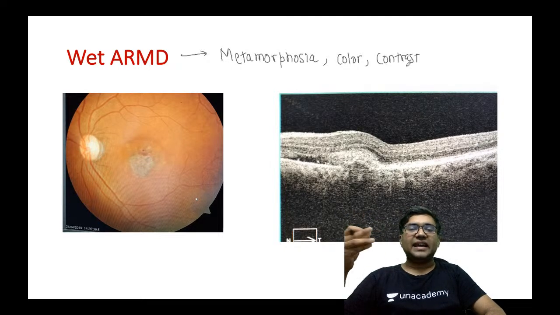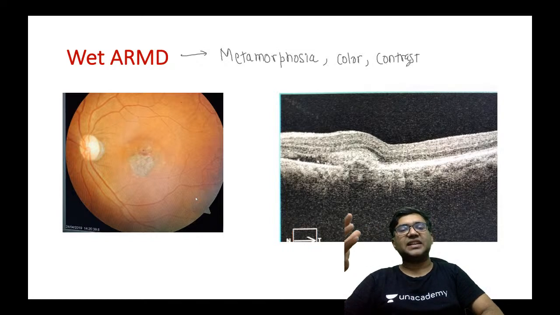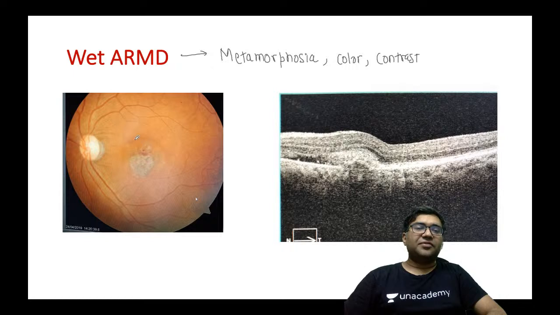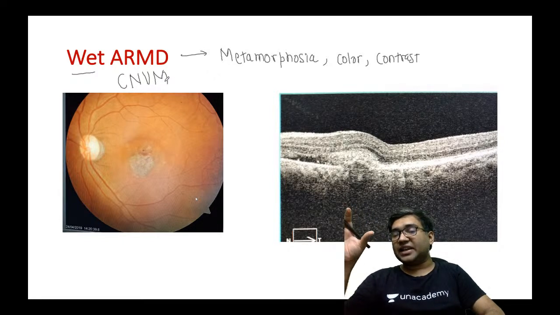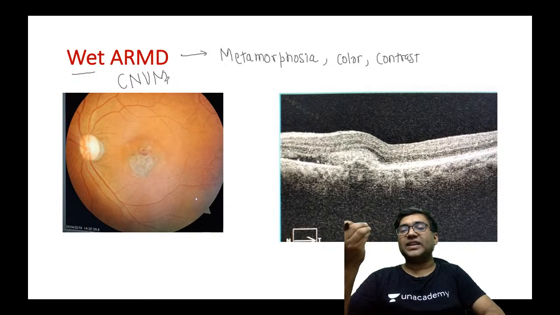Or you can say any disorder which is affecting the macula can cause this. The wet ARMD is also called choroidal neovascular membrane. Like in diabetic retinopathy you get new vessels, similarly in choroidal neovascular membrane, you get new vessels in the choroidal region.